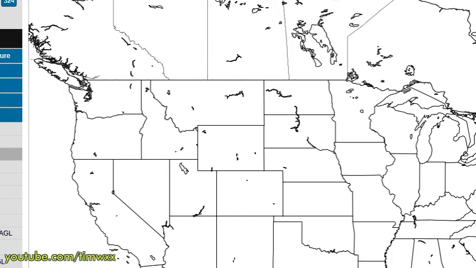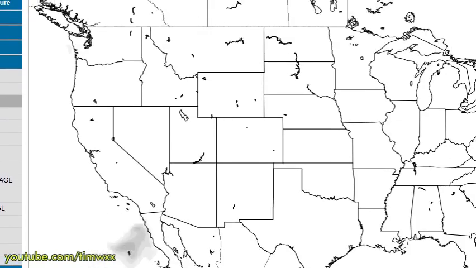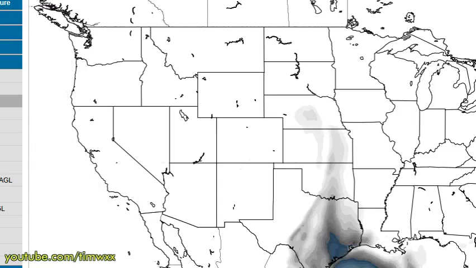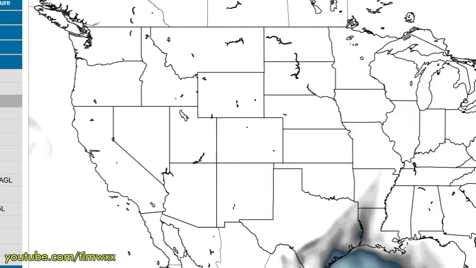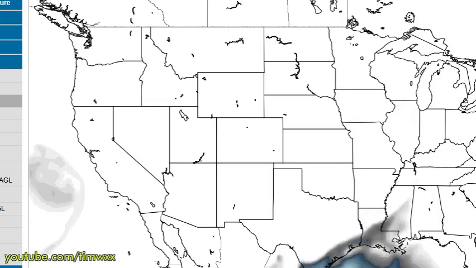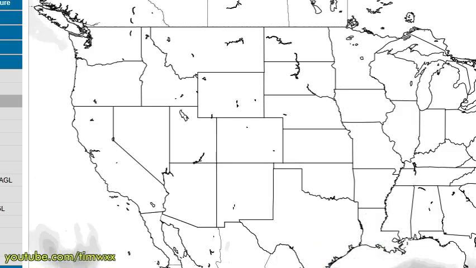Okay, so our chart is loading up, and we'll get an idea of the return flow coming northward. 24th, 25th, and there it comes up, 26th, and you can see the leading edge of the front coming into Texas right there. And we barely came out of the gray, so we're talking 250 joules per kilogram. That's not going to be enough to support severe weather. The other thing we should look at is the dew points.